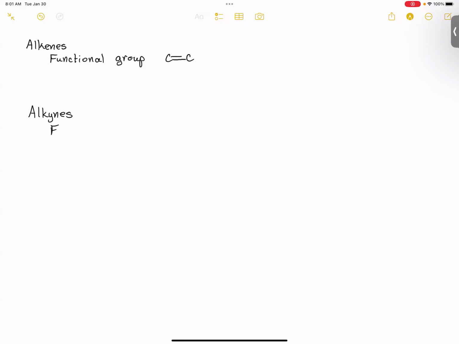Whereas the functional group for an alkyne is a carbon triple bond carbon. So that is going back to our definitions of what the functional groups are.